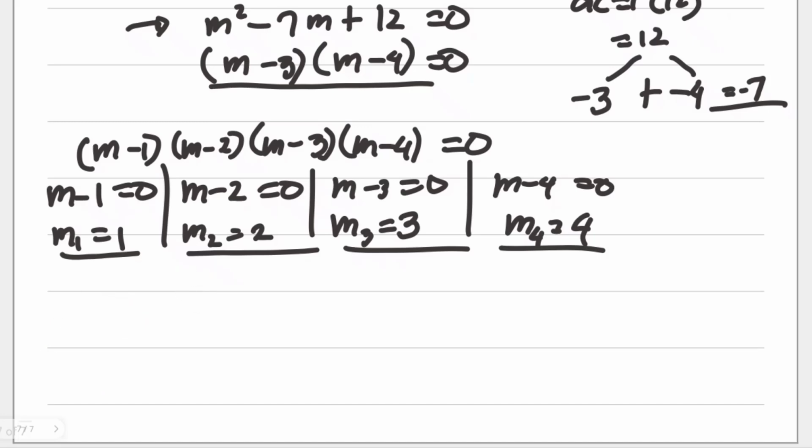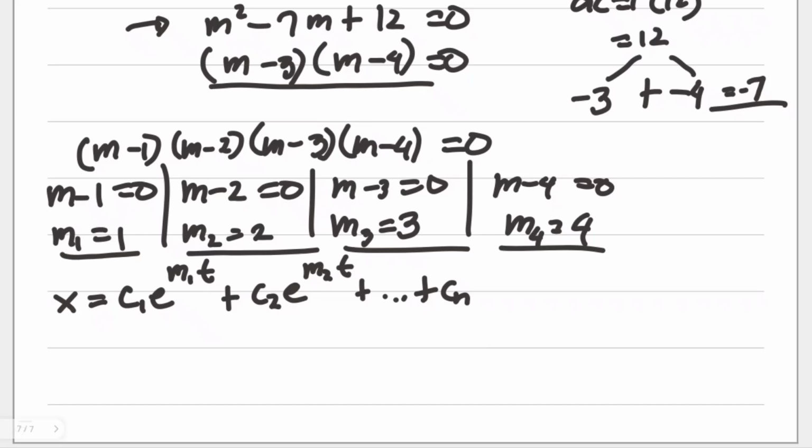Please take note of this. This is where some of us will get incorrect answers. It's x as our dependent variable here equal to c sub 1 e to the power of the first root times t, your independent variable, plus c sub 2 e to the power of m2 t plus dot dot dot plus your nth constant paired with e to the power of mn, your nth root times t. Since we have 4 roots here, we expect to have 4 terms. And the solution here is in this manner.